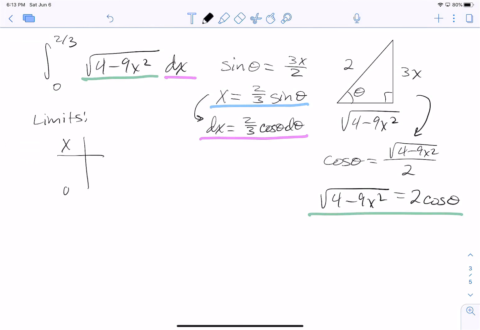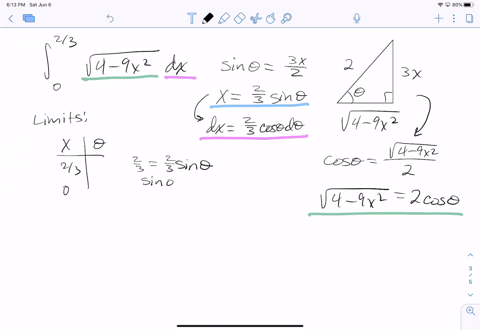X goes from 0 to 2/3, and theta is wrapped up in this substitution for the sine function. If x is 2/3, then 2/3 is equal to 2/3 times the sine of theta because of our substitution.